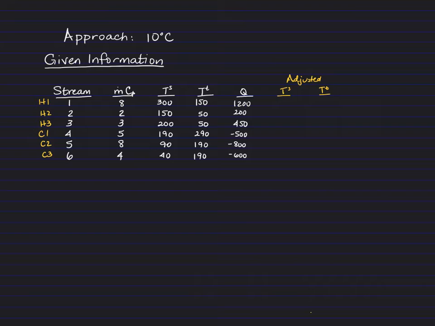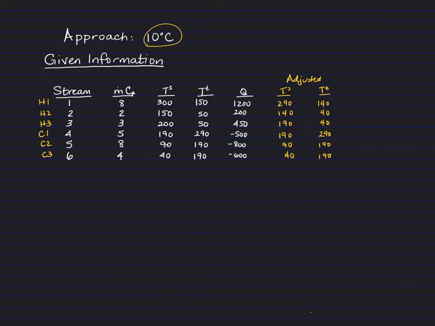For each of the hot streams, we're going to subtract 10 degrees C. So this is 290, 140, 190, 140, 40, and 40. For the cold streams, we don't need to make any changes. Okay? So those are our adjusted temperatures.